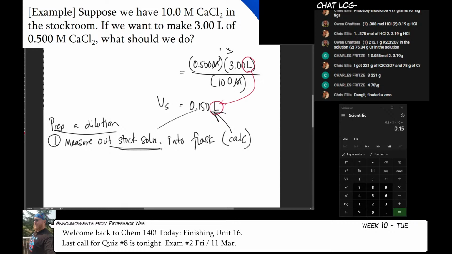You're going to choose what flask you want, and that's fine. Then we're going to add H2O to the fill mark. We're going to mix for a minute, and then we're going to enjoy. So, same procedure, just a different application.